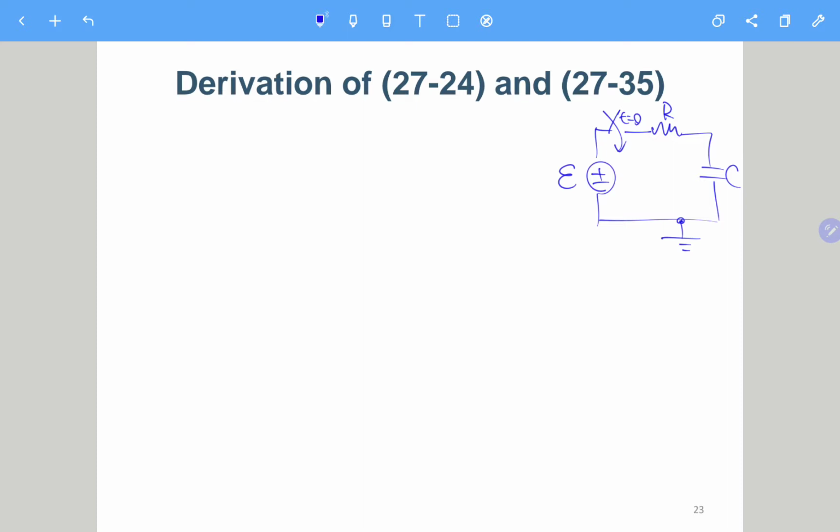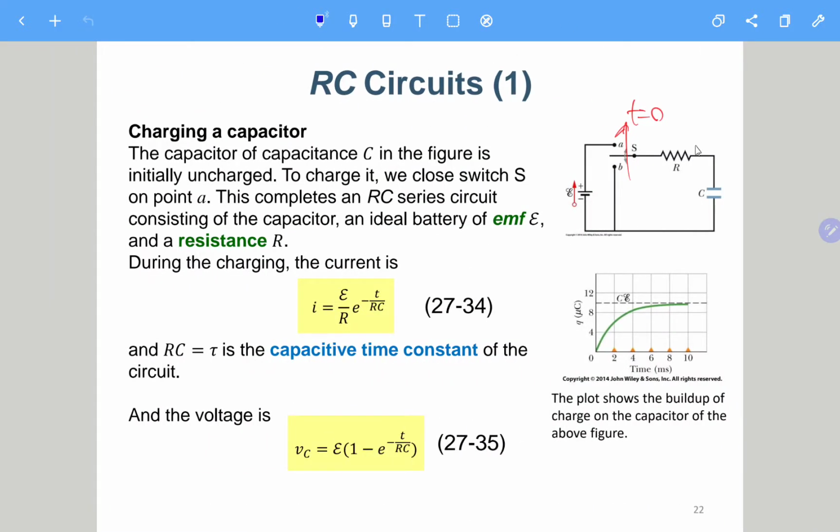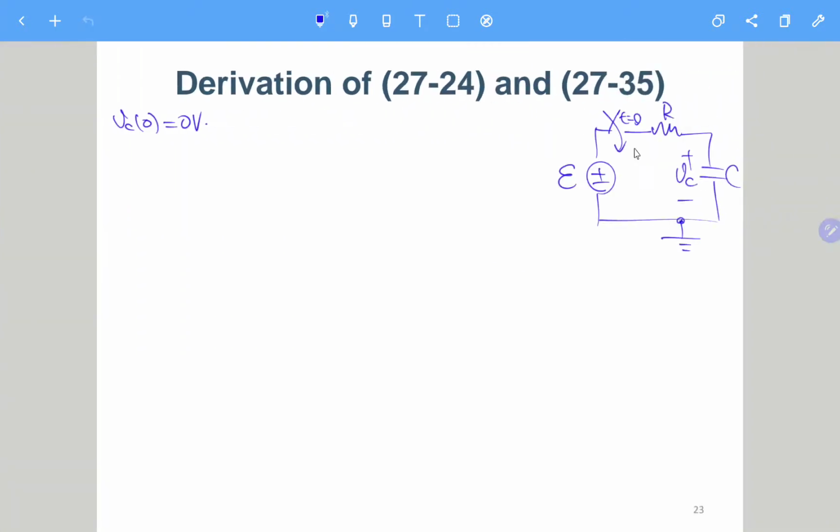Okay, so for the initial condition, VC(0) should be 0 volt, because at the very beginning it connects to the ground. Then there will be no current. So when t is smaller than 0, it is like this. So this is a ground, and there will be no current, so this node should also be ground. So in this case, VC(0) should be 0 volt.